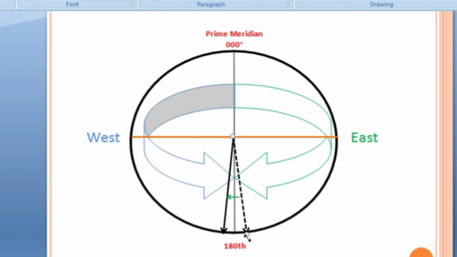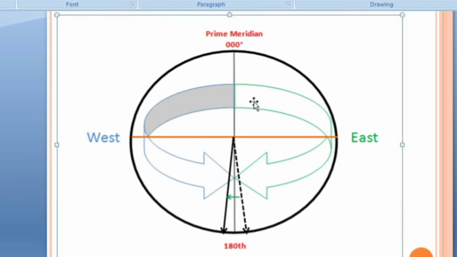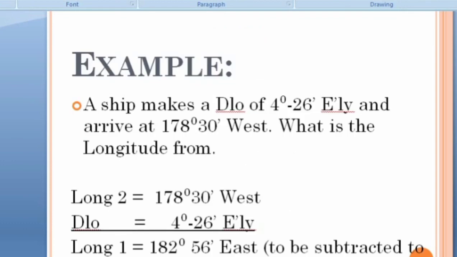So as you can observe, we are already on the opposite side of the globe, which is on the east side. That's why we have the answer, which is 177 degrees 04 minutes east.